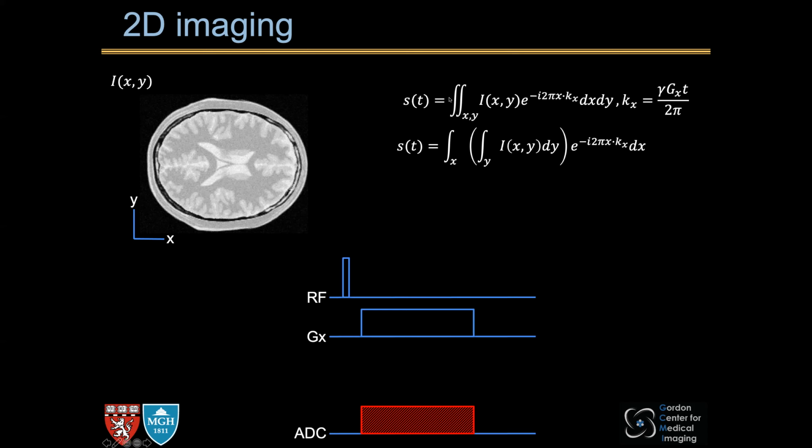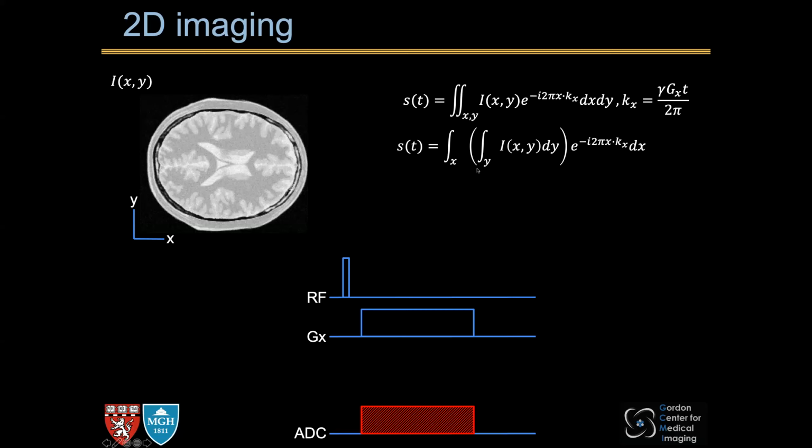As we can see, let's change the order of this integral. Let's take a look at the inner integral of this equation. What does this mean? Well, physically, it means that all the spins at the same x-axis location have the same resonance frequency. And the contribution of the signals is the sum of all the voxels at the same x-axis location.